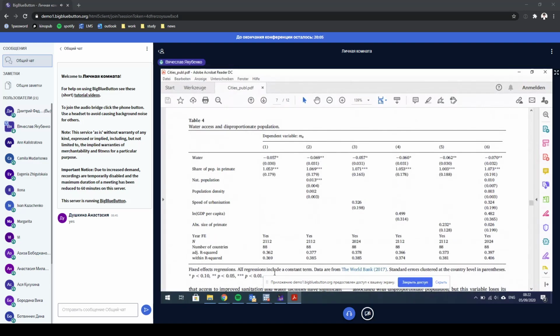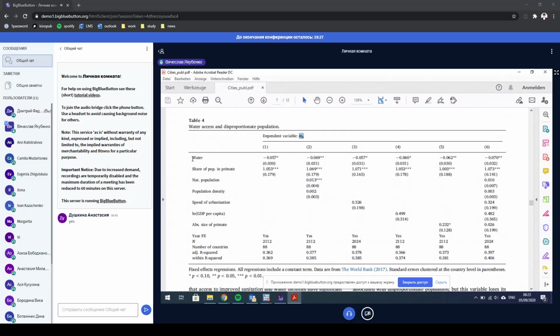You see that every column here is a separate regression. This is a regression which includes water and share of population in primate city as explanatory variables, and the dependent variable is M. If you want to know the background story, it's migration to the largest city of the country as a function of, and we are primarily interested in, water access.